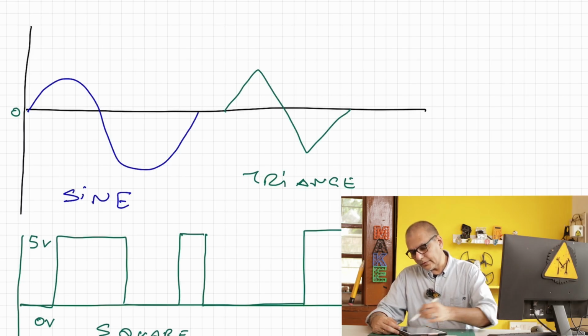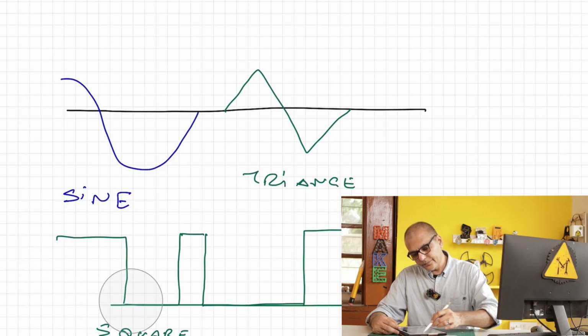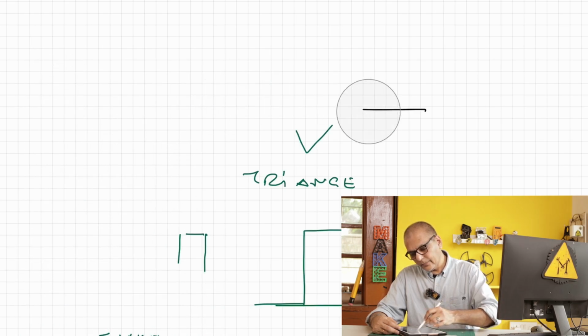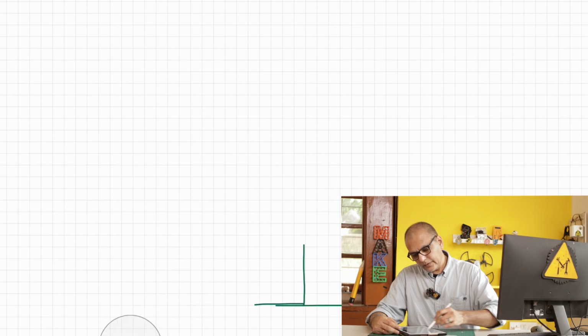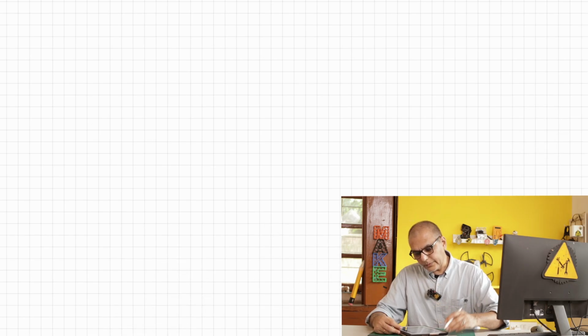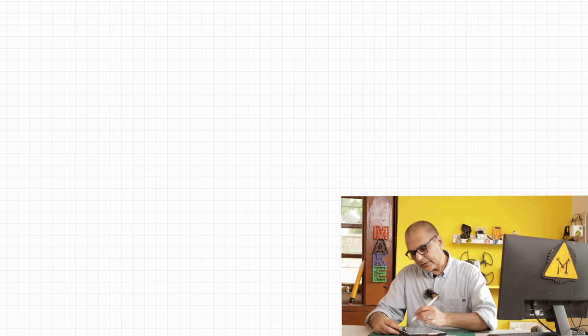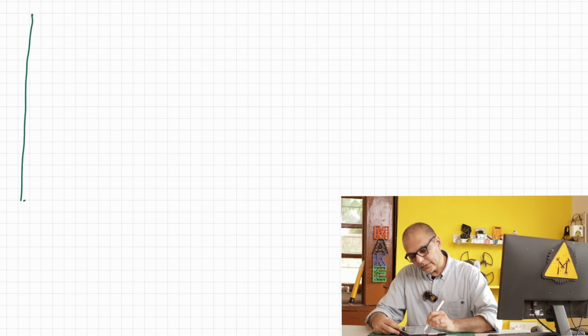So again, let me get rid of all of this. And let's look at what a typical PWM signal looks like. So what pulse width modulation does is, you have your x-axis and you have your y-axis.